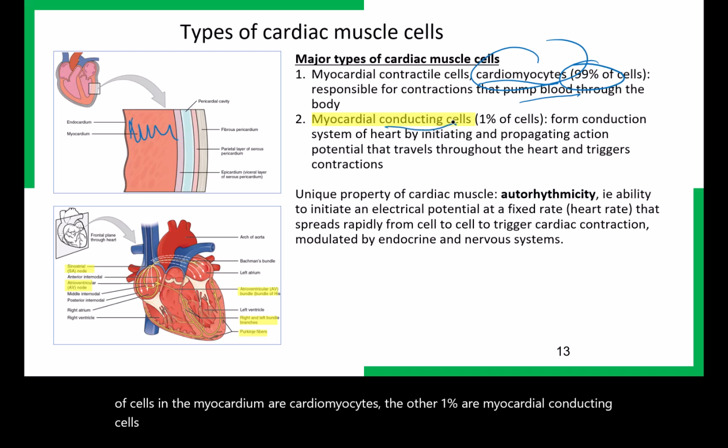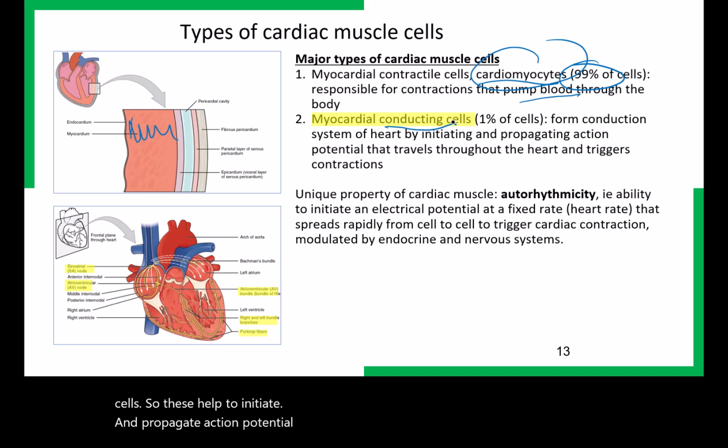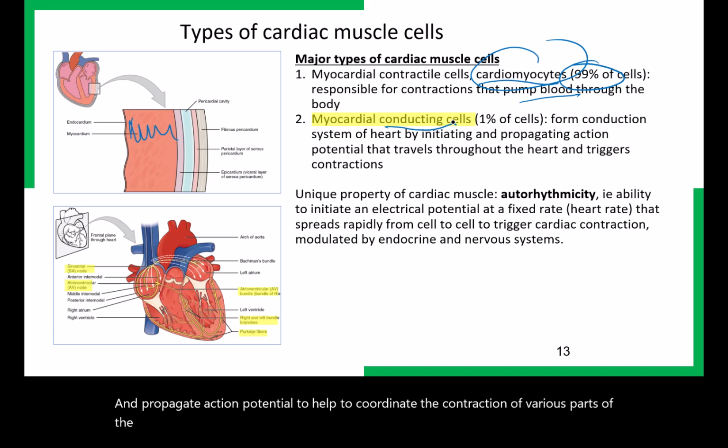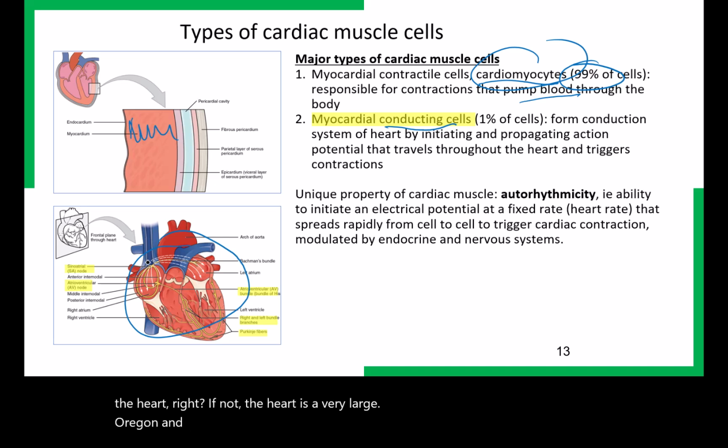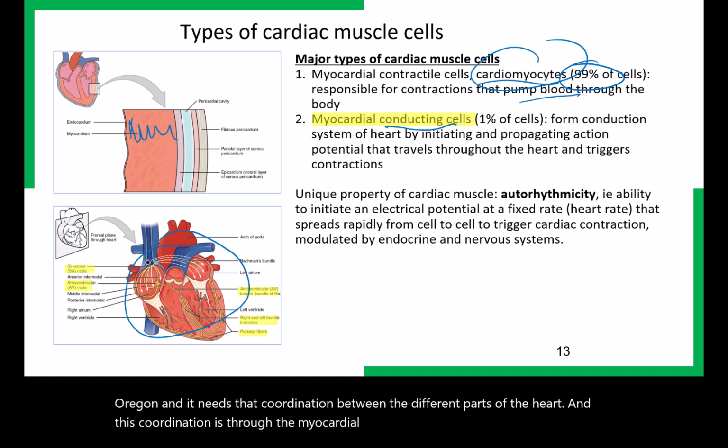So these help to initiate and propagate action potentials to coordinate the contraction of various parts of the heart, right? If not, the heart is a very large organ, and it needs that coordination between the different parts, and this coordination is through the myocardial conducting cells.